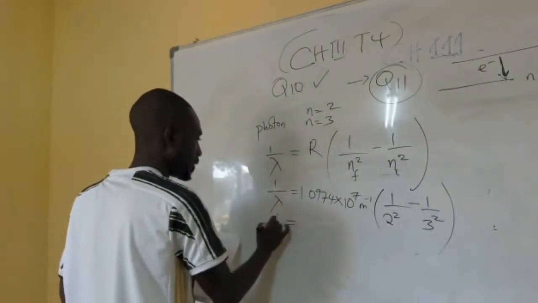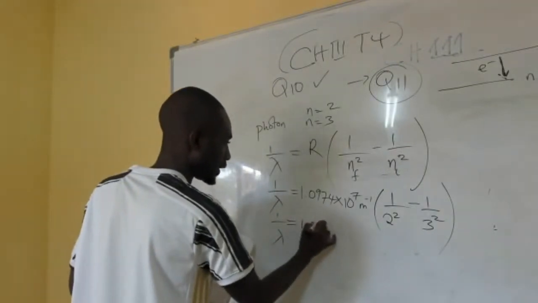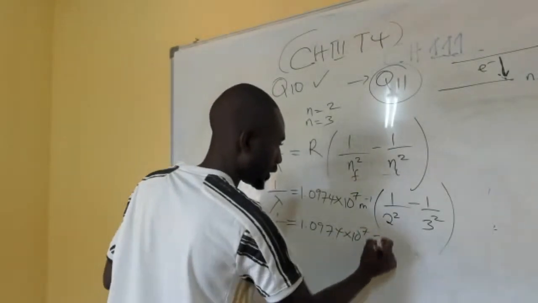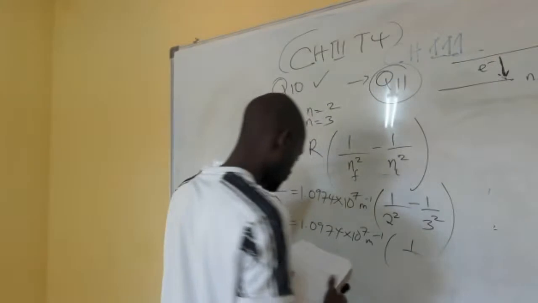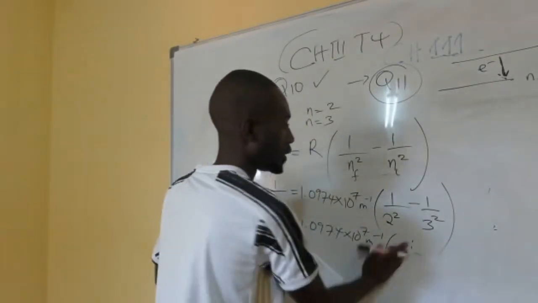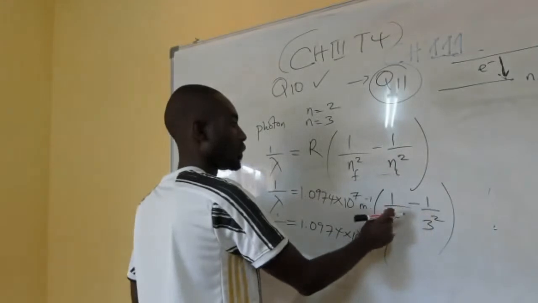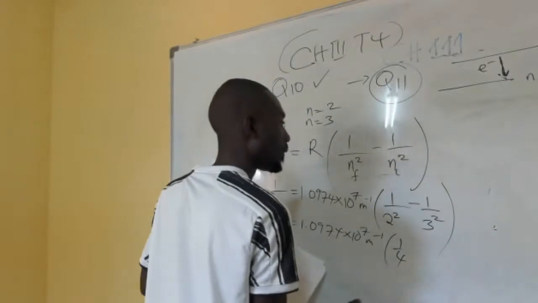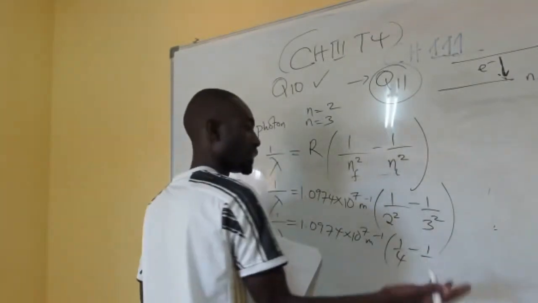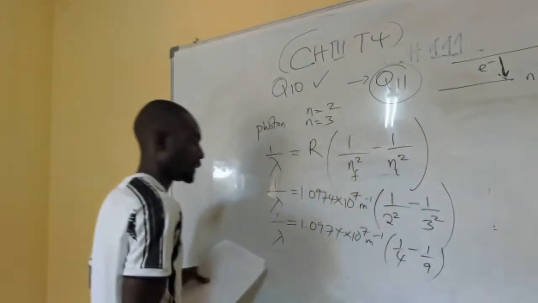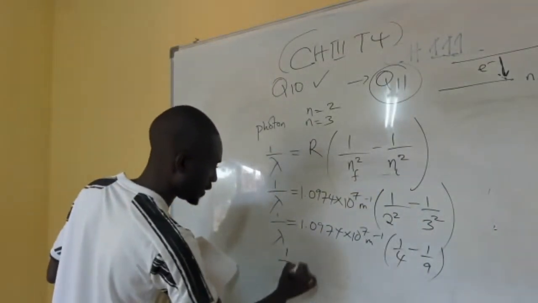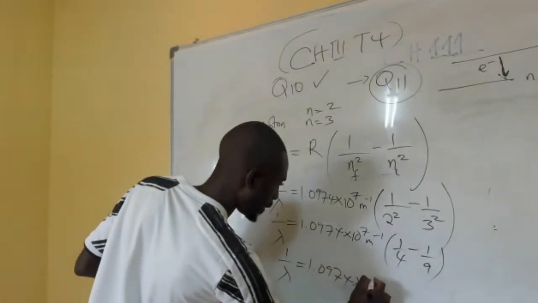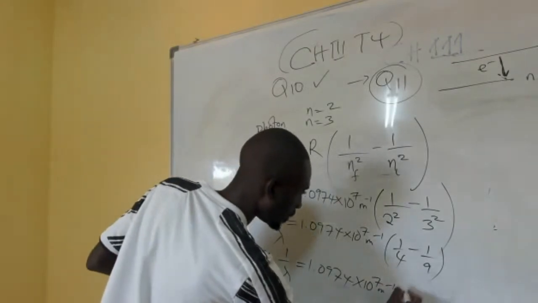So 1 over lambda equals 1.0974 times 10 to the power 7 per meter, brackets. 2 squared is 4, so 1 over 4, then 1 over 3 times 3, which is 9, brackets.